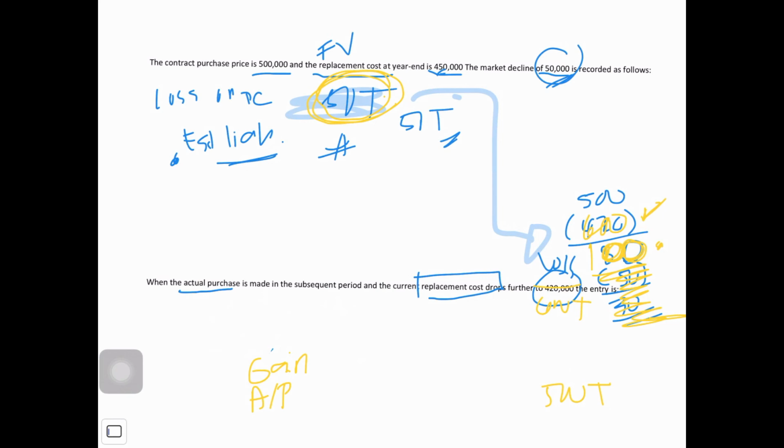How much did we record? 50. So our gain is limited to 50. Now, we have estimated liability 50. So debit estimated liability 50, and then we debit also purchases. How much is our purchases?